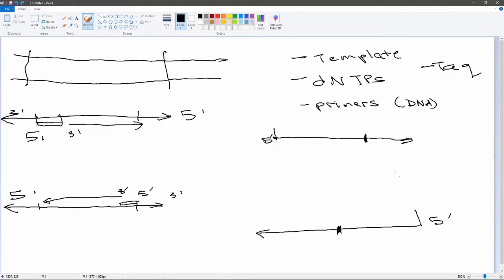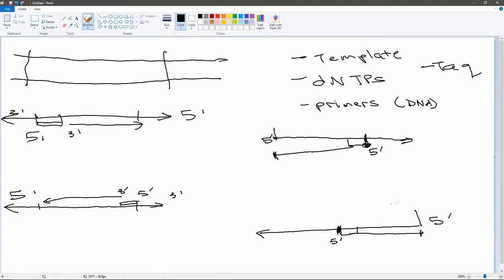So we need to go through another cycle of PCR, because what will happen at the next step of PCR? Over here, the primer will attach, and this will be the 5 prime end on the primer. And over here, same thing, 5 prime end of the primer. And then Taq polymerase can come and continue it to here, and then continue it to here.